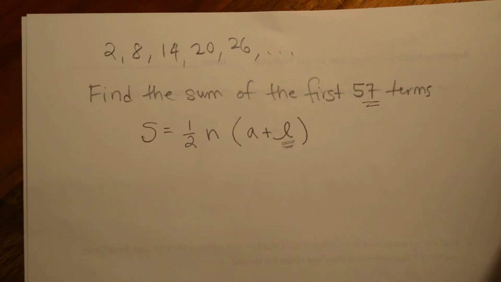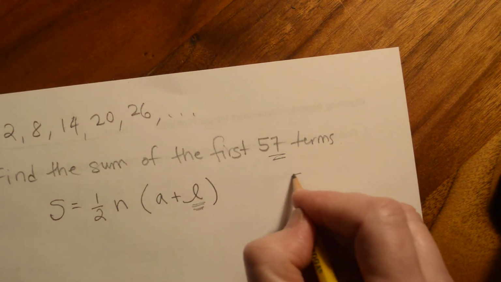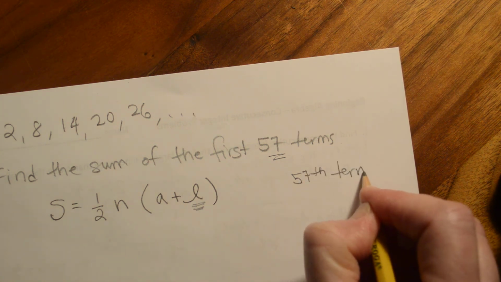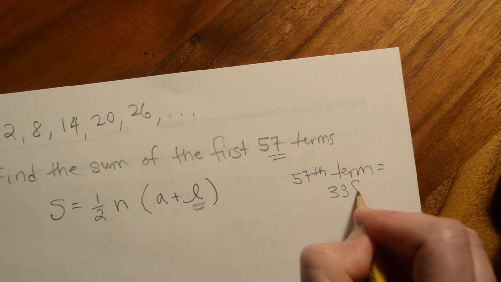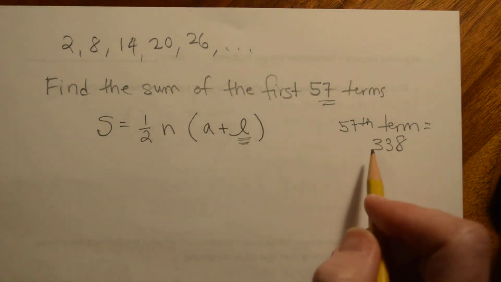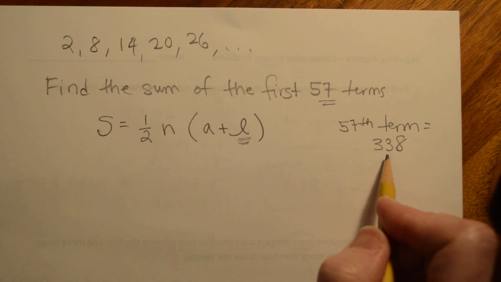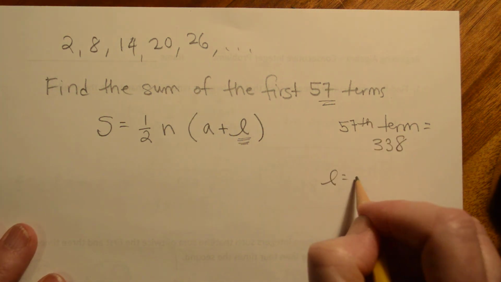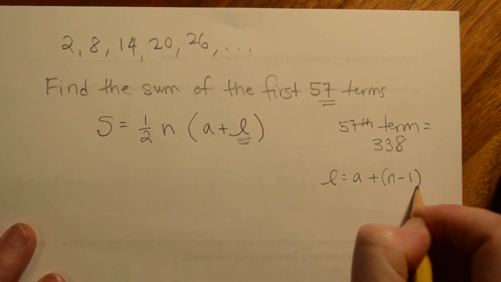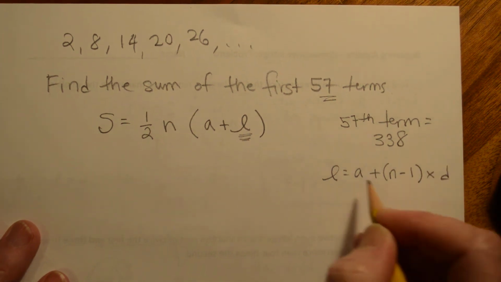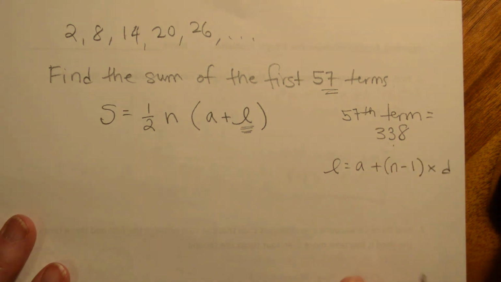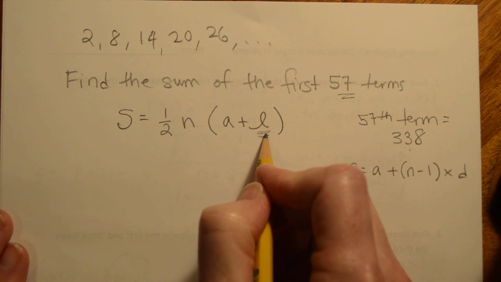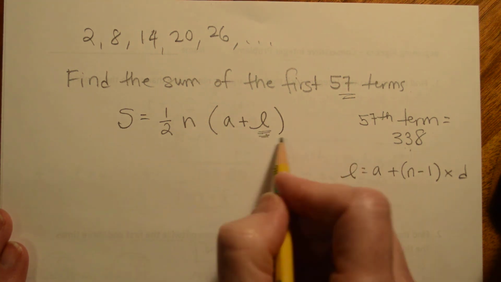Oh, the 57th term was 338. Again, you can go back and watch that last video to see how we did that. We would just use the formula that I recapped for you at the beginning, which was L equals A plus N minus 1 times D. But we used that in the last video. We found that it was 338. That's why I'm doing that, because I need that term in order to use this formula.